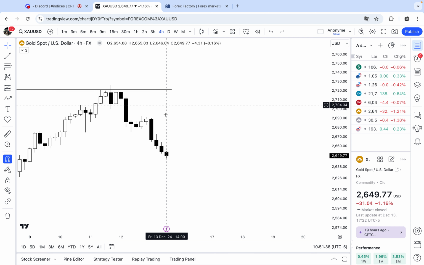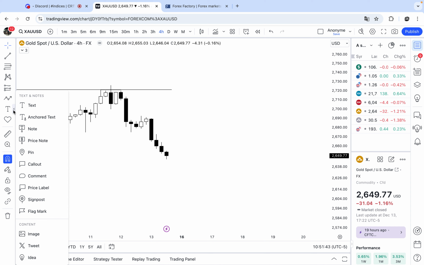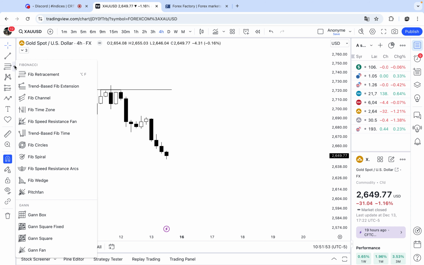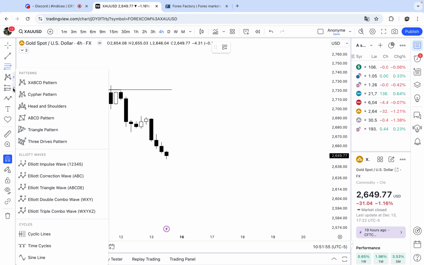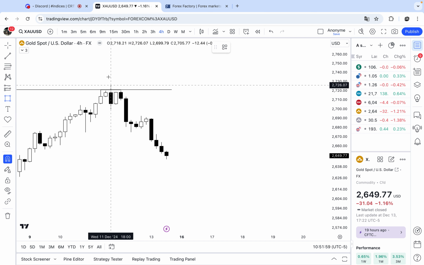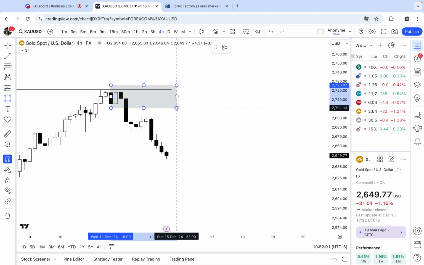So step 3, this is narrative. And for narrative, what I'm looking for is daily and 4-hour key levels. All right. So in this case, where's the rectangle? This is a nice key level.